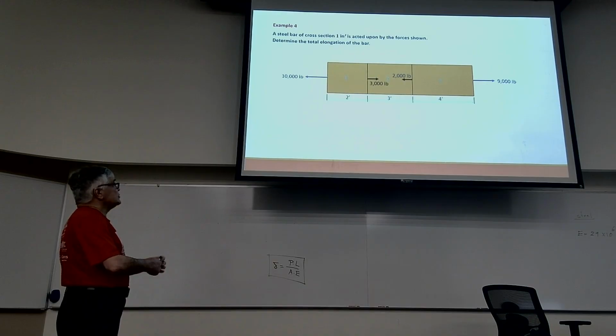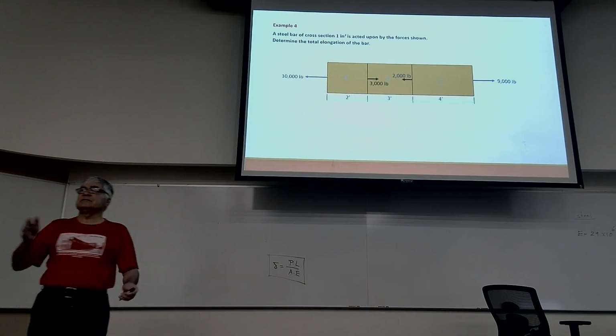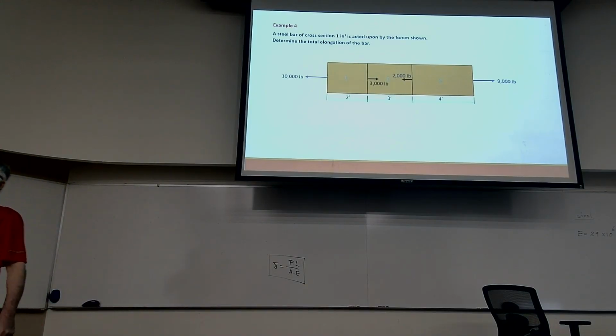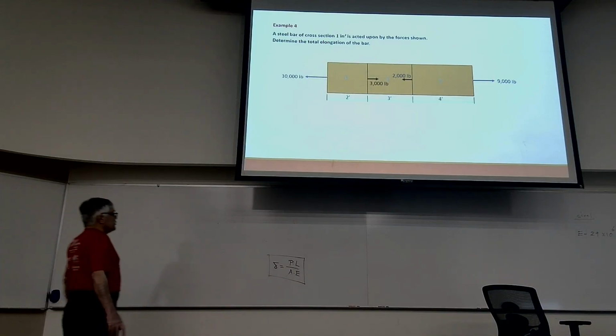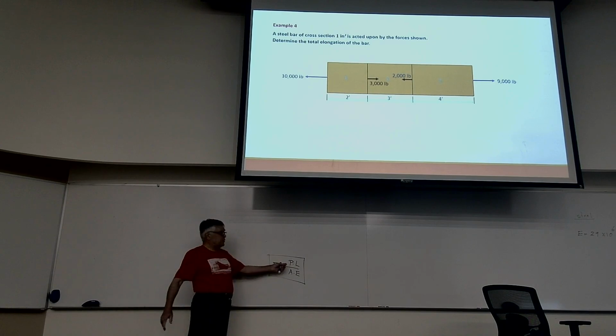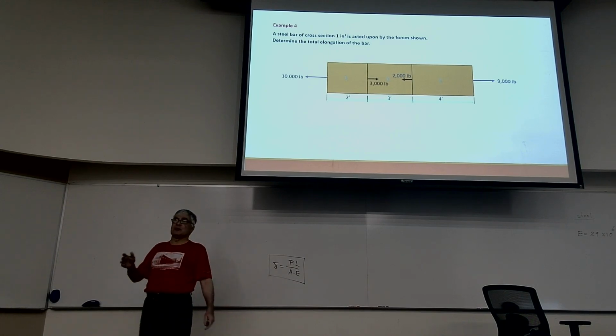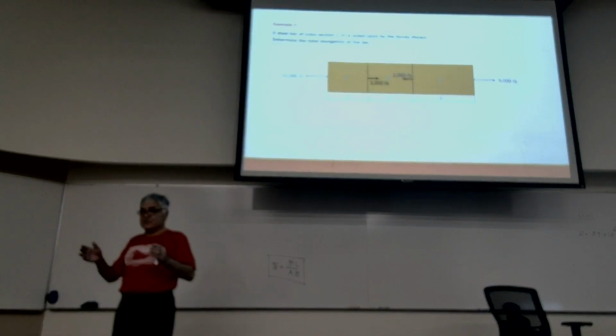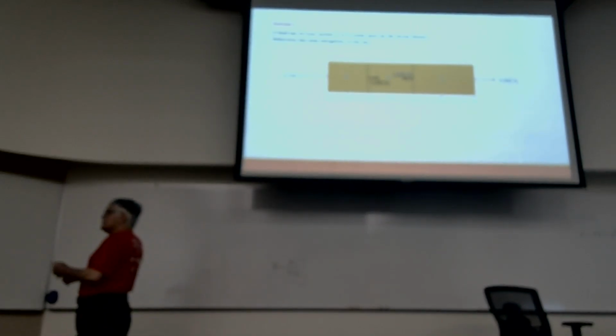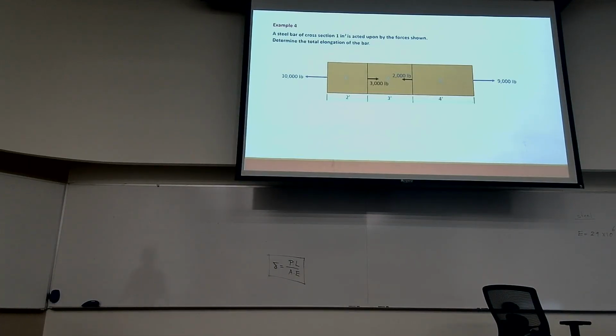So we're going to look at segments 1, 2, 3 separately. That means when we apply this equation, P is going to be the internal force in that segment. And internal forces can only be found from free body diagrams, equilibrium, meaning statics.